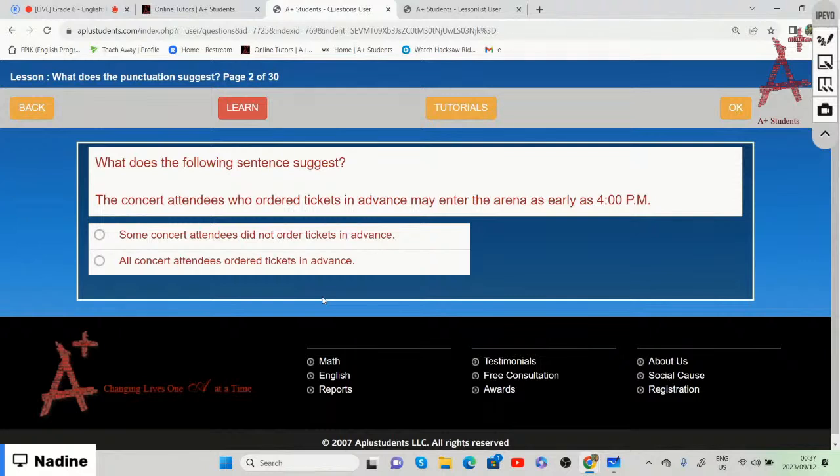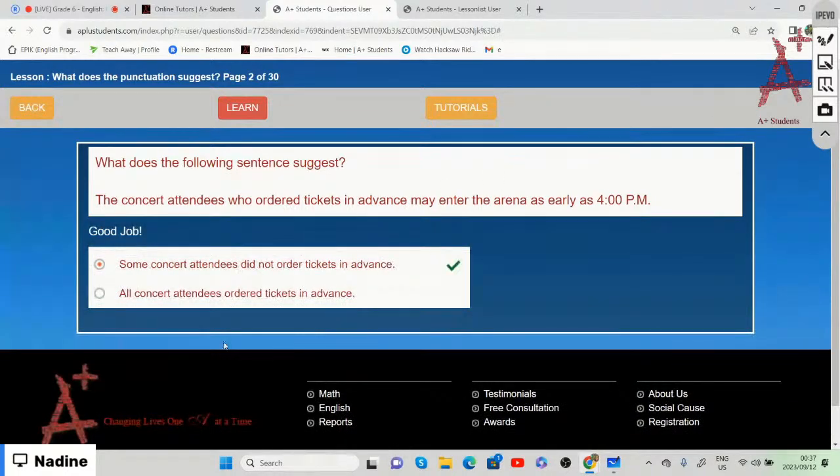So that is only for people who ordered tickets in advance. They may enter at 4 p.m. So that means that some concert attendees did not order tickets in advance. All right.